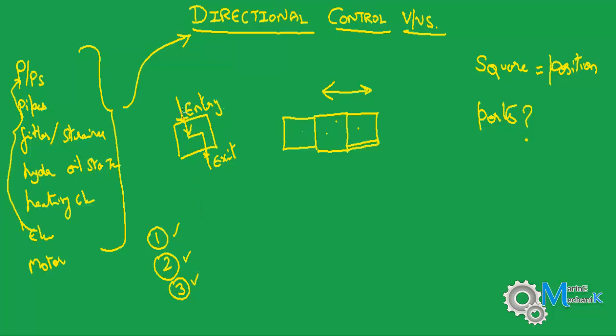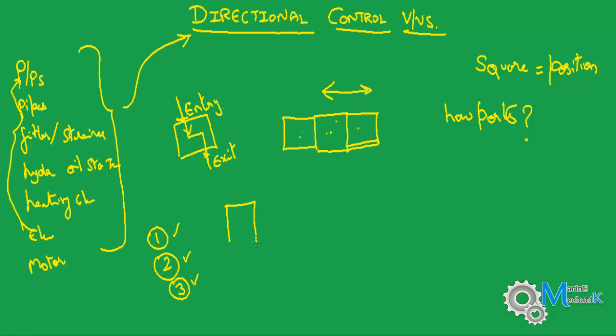Ports are nothing but drilled passages through the valve block so that the oil or any fluid can enter and exit to perform work. So we have seen what are ports. The next is, how many ports can a control valve have? A control valve, based on the number of positions, can have as many ports as possible.